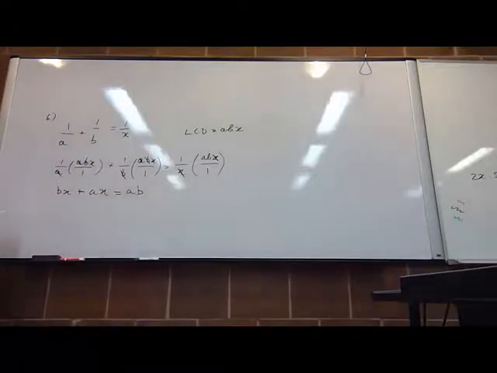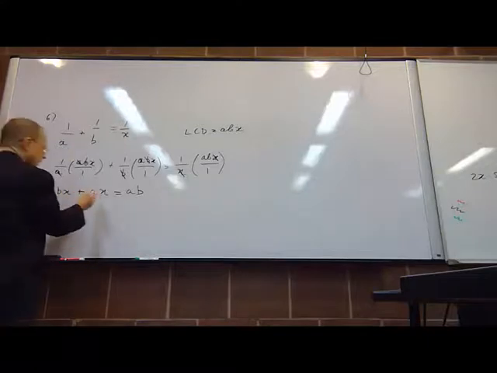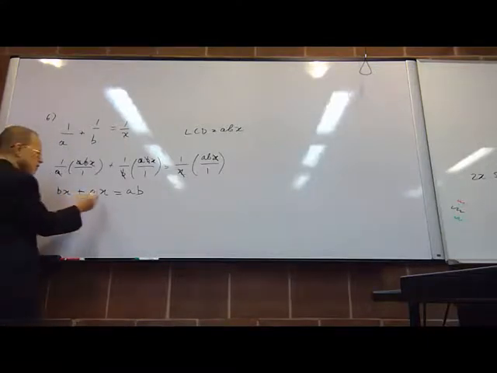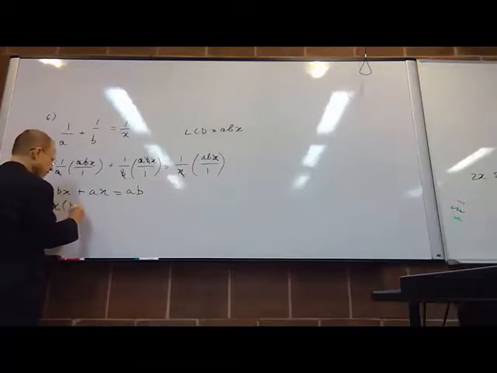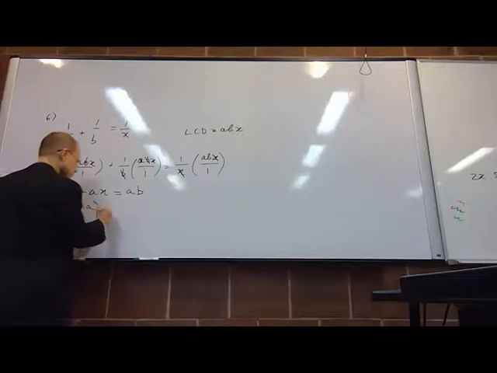So now, as we did when we were looking at literal equations, we pull out the x, and we end up with x times b plus a is equal to ab.